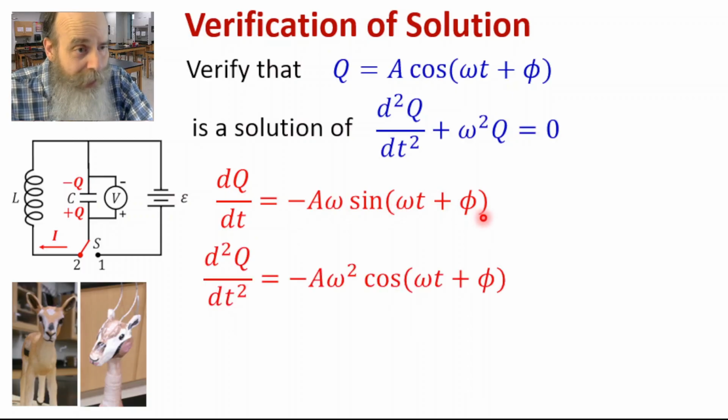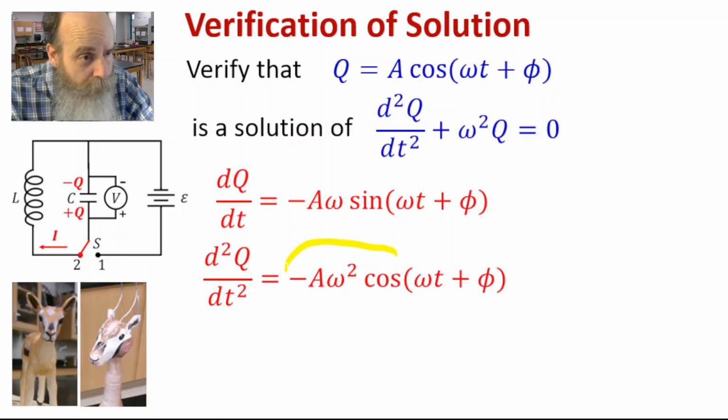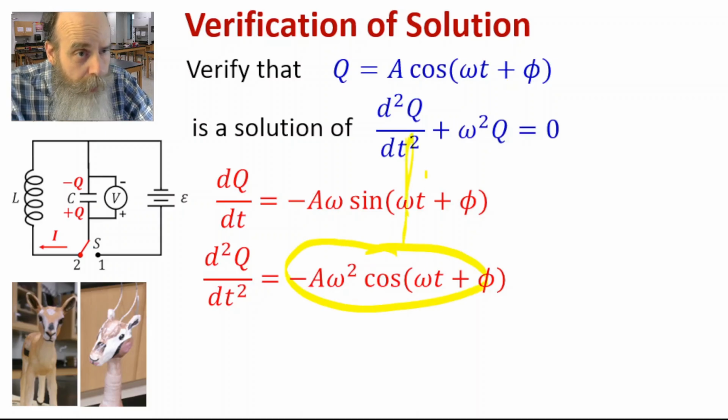Now let's differentiate it again. The derivative of sine is cosine. Again, we get the factor omega in front. So we have negative A omega squared cosine(omega t plus phi). Let's substitute these two expressions into our equation, putting the expression for Q right here.